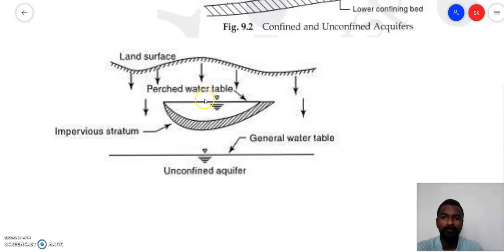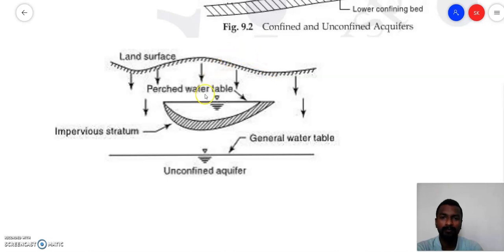In case of a perched water table, there is a small impervious stratum. So wherever there is a small impervious stratum, suppose water gets stored there, then the top surface of that particular water level, which is a small quantity, is called the perched water table.